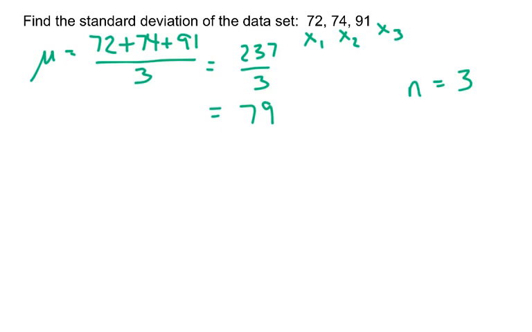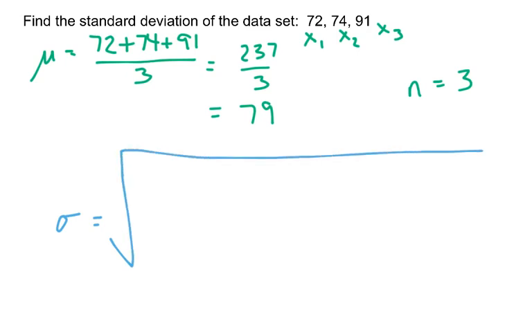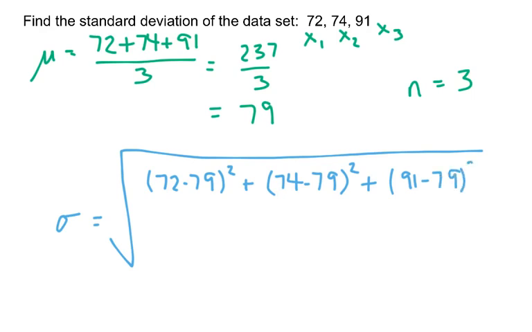I'm going to have sigma equals square root of, alright, let's see here, x sub 1 minus mu squared plus x sub 2 minus mu squared plus all the way to my last data point. Well, I only have one more, so that'll be x sub 3 minus the mean squared, all divided by the number of data points that I've got.